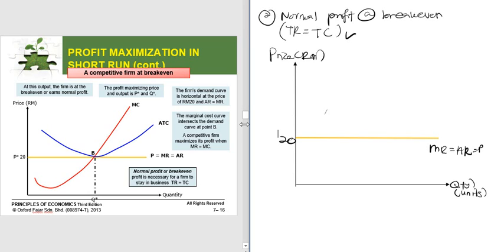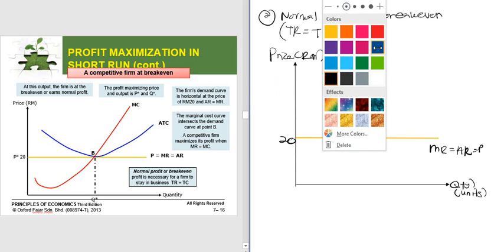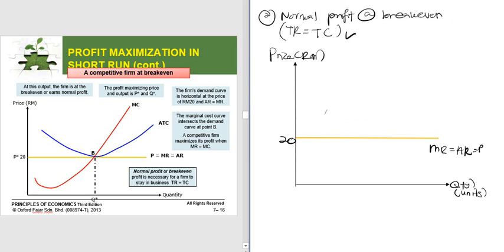Okay, and then you draw the average total cost curve. So the average total cost, just now for you to get profit, the minimum average total cost must be below the marginal revenue and average revenue. So in this case, to get break even, your minimum ATC must touch the average revenue curve.